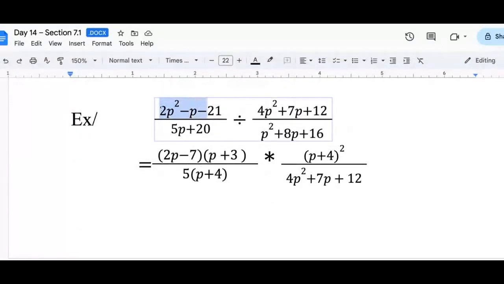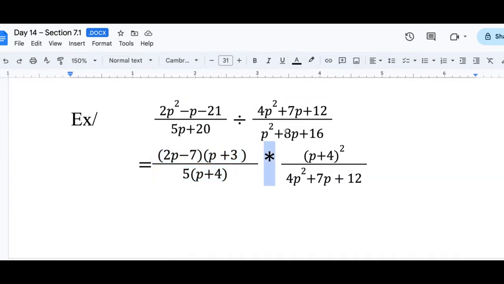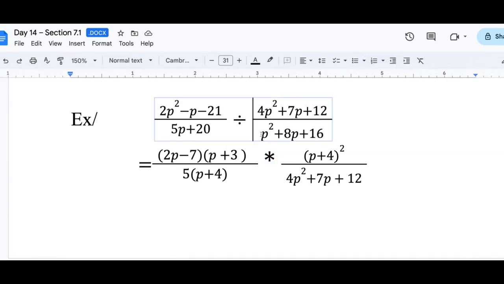Let's see this one. 2p squared minus p minus 21, this one can be factored: 2p minus 7, p plus 3. 5p divided by 5p plus 20, we will factor out 5. We have p plus 4. Division, which needs to be multiplication. Then we flip the numerator and denominator. So p squared plus 8p plus 16, that's p plus 4 squared. 4p squared plus 7p plus 12, that cannot be simplified as a factor form, so we leave it like that.